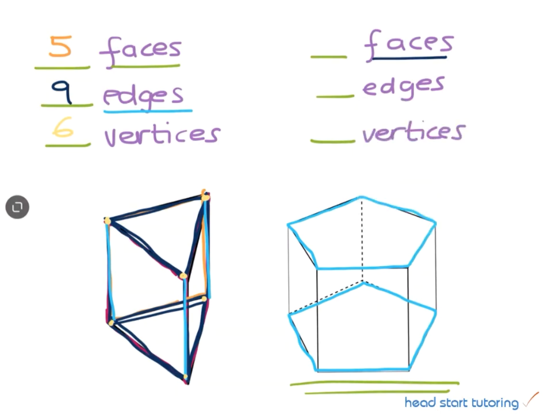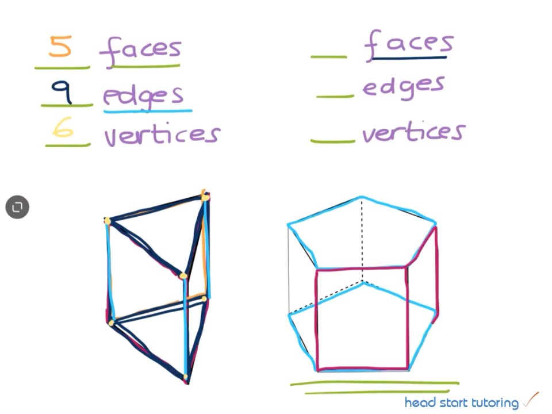So we've already seen that those are two of our faces. So we've then got a rectangular face over there that you can see quite clearly. So that makes up, so our two bases plus that rectangular face is 3.